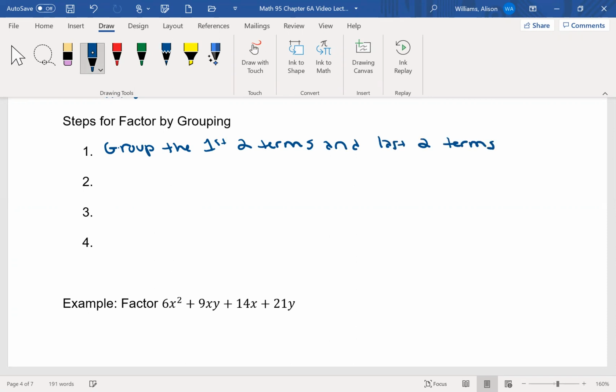And what I mean by that is literally put parentheses around the first two terms and parentheses around the last two terms.